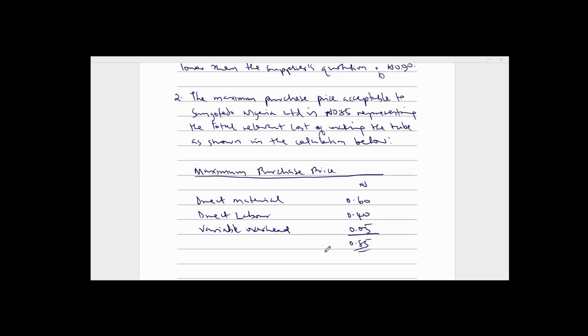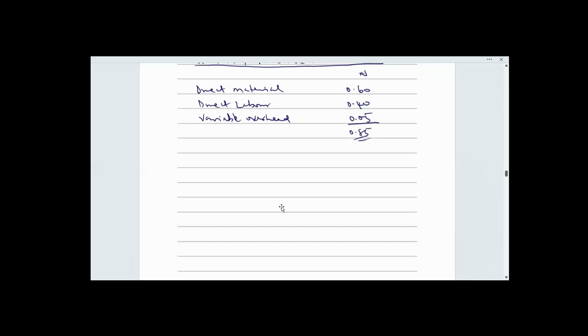So under this situation, should the company make or buy the tubes? What we need to do here is to compare the supplier's quotation versus the relevant costs of making 125,000 boxes. So at this point, I would say number three.